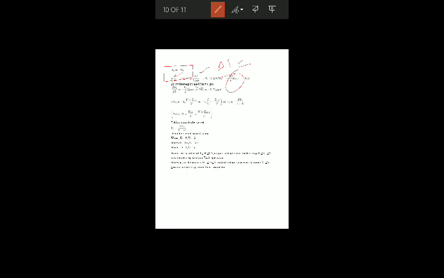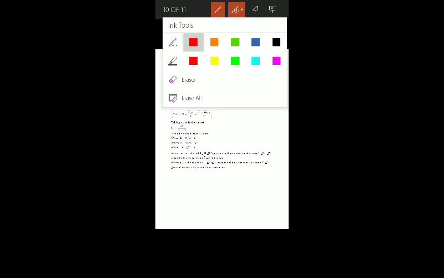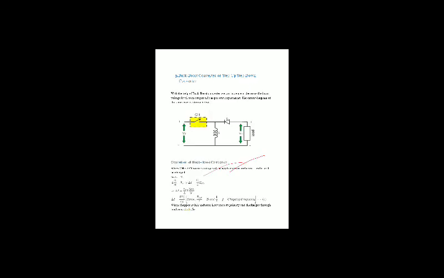Now you evaluate: equate equation 6 and equation 5, these two equations, and we compute the V naught value.